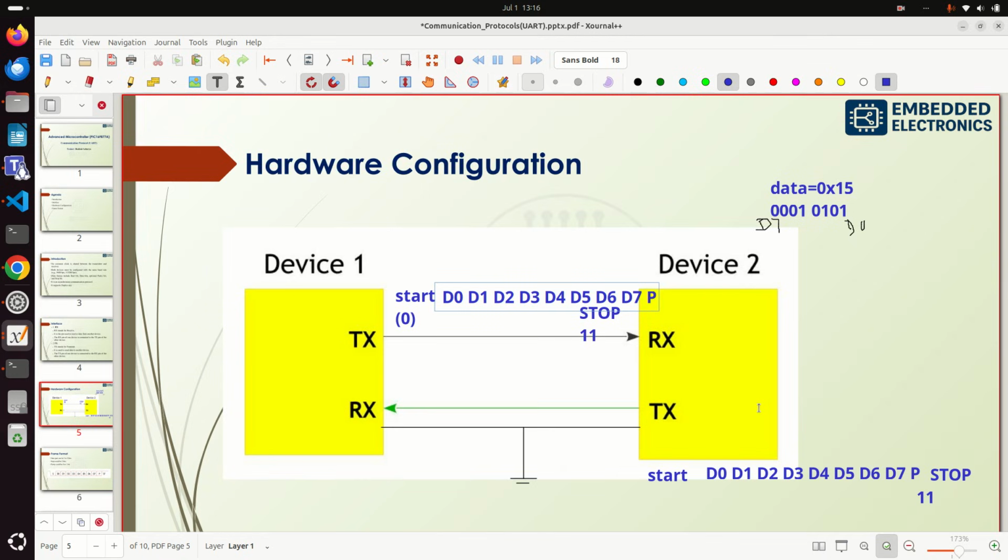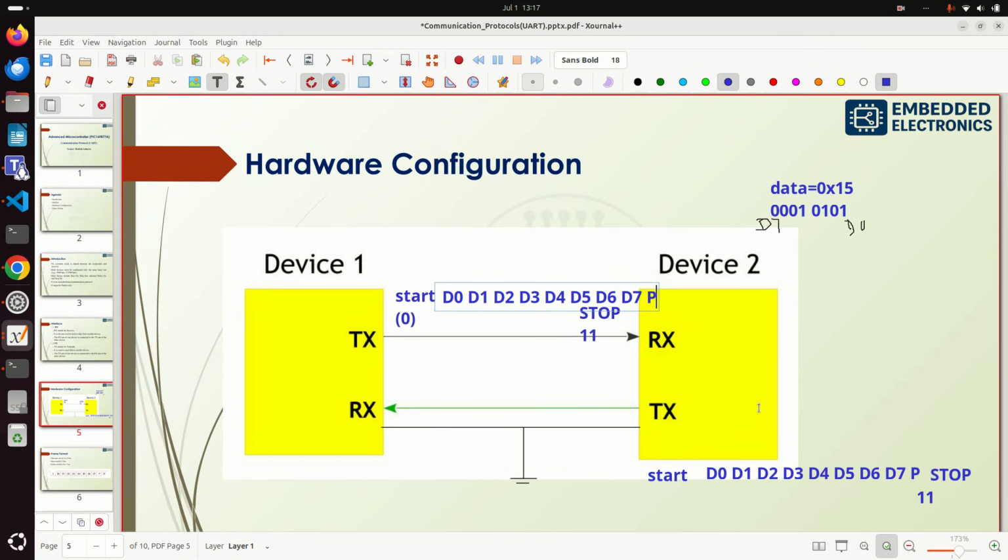If that parity bit matches the received parity bit, then it concludes that the data is correct. Otherwise it will say I got corrupted data. So transmitter and receiver both use the parity bit. That's how data integrity is achieved using the parity bit.